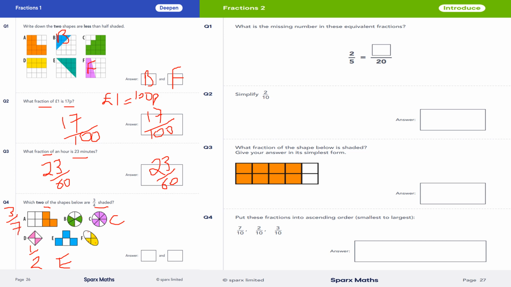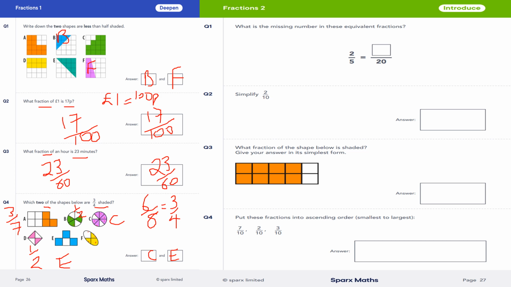That's 3 out of 6, so that's a half. That's 1, 2, 3, 4, 5, 6, 7, 8. So 6/8 simplifies to 3/4. Divide top and bottom by 2. You get 3/4. The answer is C and E. The reason it's not F, guys, is because the parts are not equal: that circle there isn't the same amount as those two triangles there.